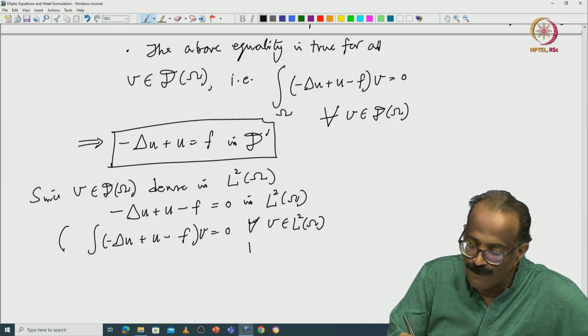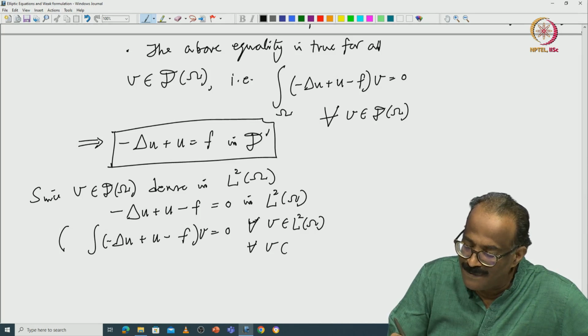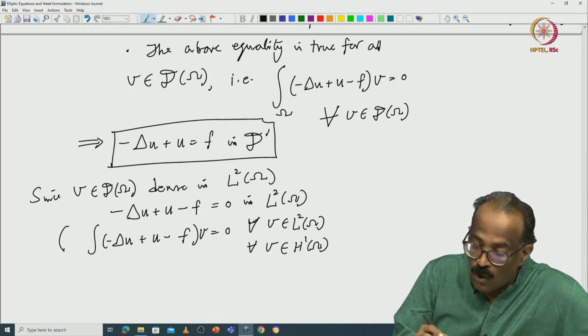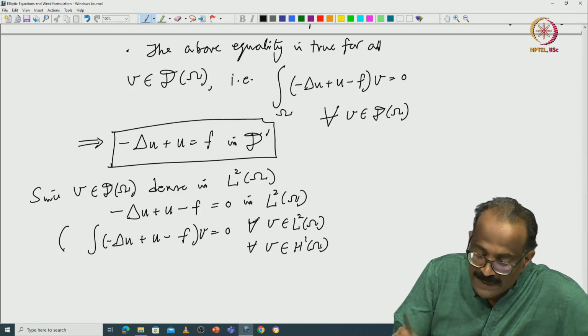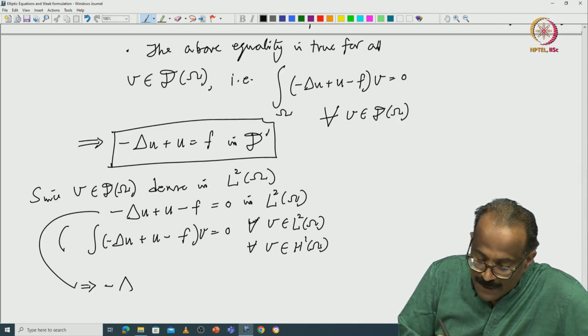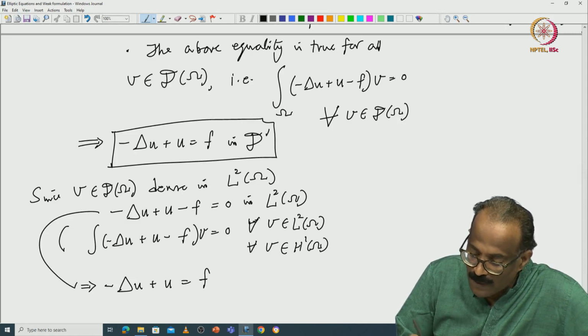In particular for all v in H1 of omega. You see the way you derive. Of course, this implies it in L2 of omega, so I will come back to that one. This also implies minus Laplacian of u plus u equal to f almost everywhere.